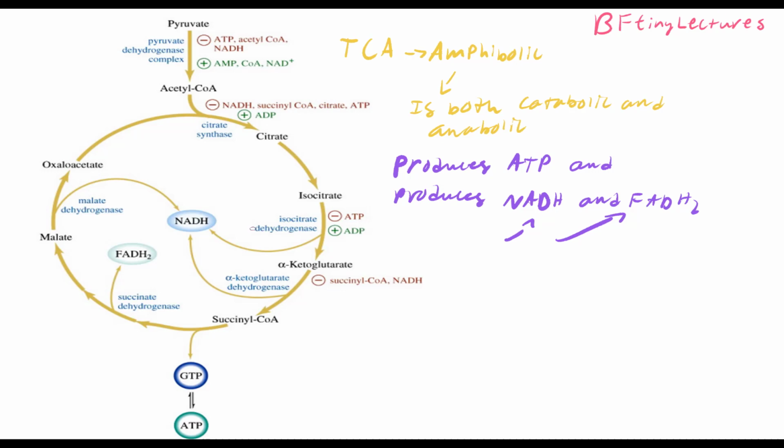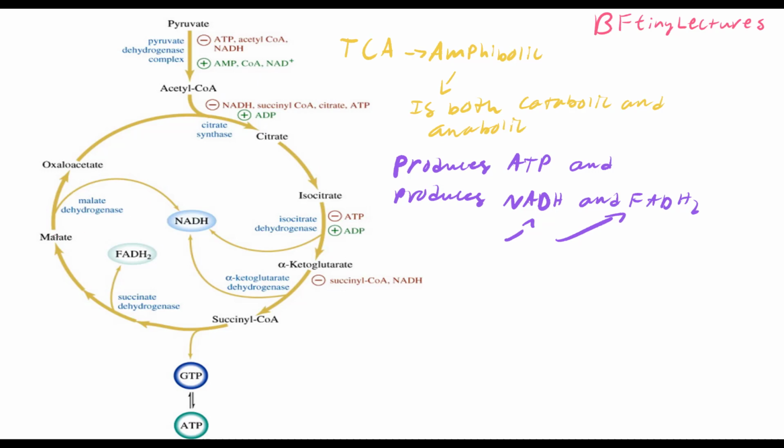As a side note, the body also uses the TCA cycle to replenish molecules for other reactions. Let's say reaction W needs some isocitrate. The citric acid cycle produces isocitrate, but then some of the isocitrate can go to other pathways and continue those metabolic pathways in your body. So the citric acid cycle can be used as a little factory.